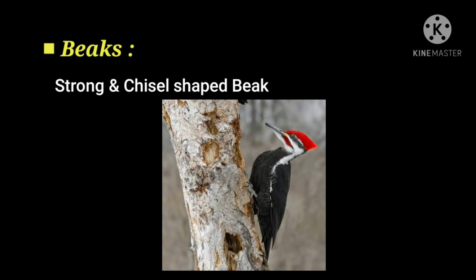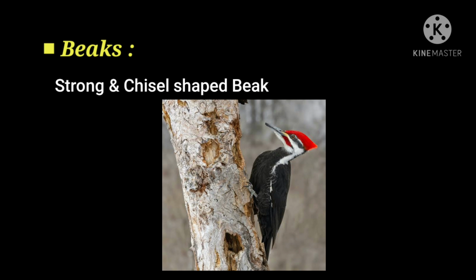Next, in some other birds like woodpecker, hummingbirds, these types of birds have very strong and chisel shaped beaks. This beak helps them to drill holes in the tree trunk.